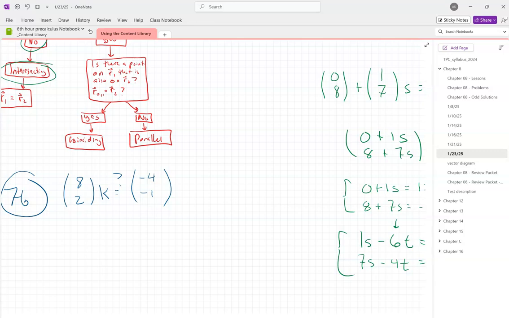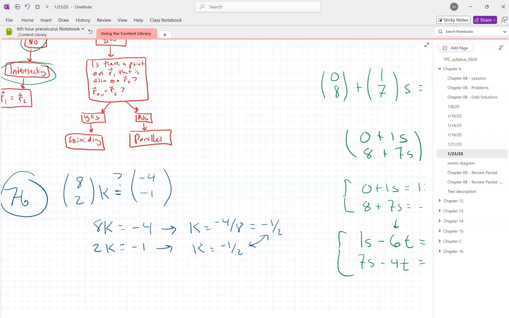So 8k needs to equal -4, and 2k needs to equal -1. So k should be -4 over 8, and k should be -1 over 2. And I notice that -4 over 8 does reduce down to -1/2. So those are the same slope vector.